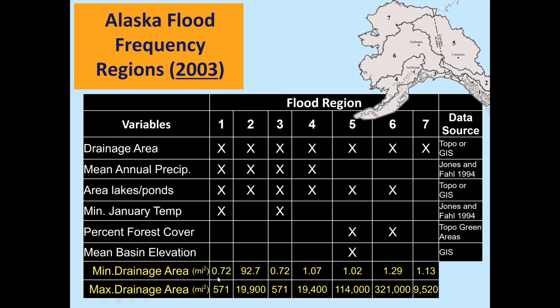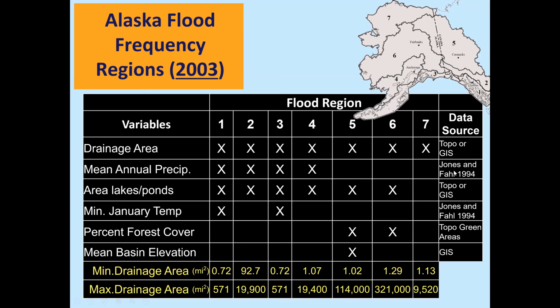And I just want to caution, if you work on designing a crossing in a watershed that is smaller or larger than this range, then you're kind of just going off the edge of the map, in a way, for what went into building those regression equations. So that's just a word of caution. You have to take whatever results you get from those with a bigger grain of salt for sure.